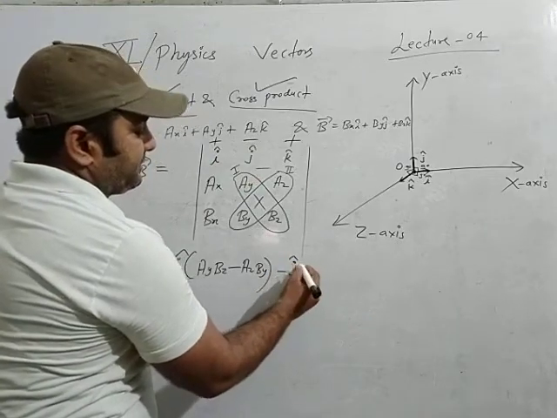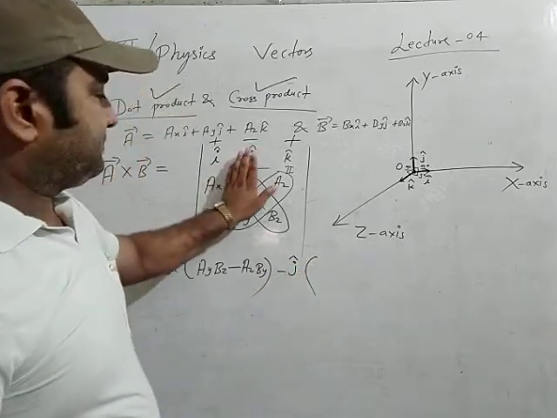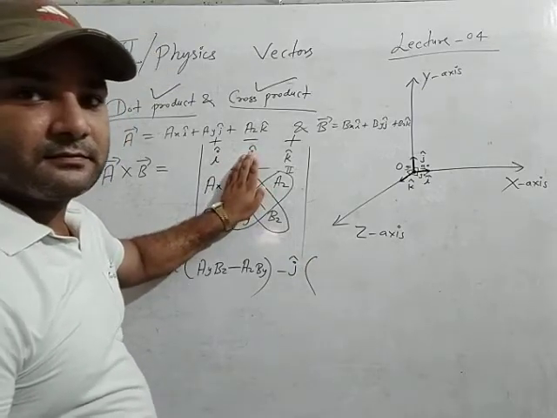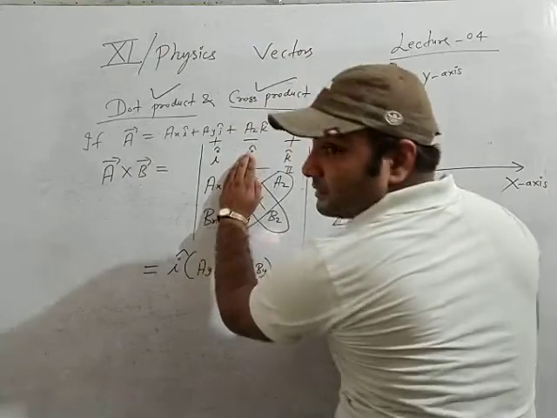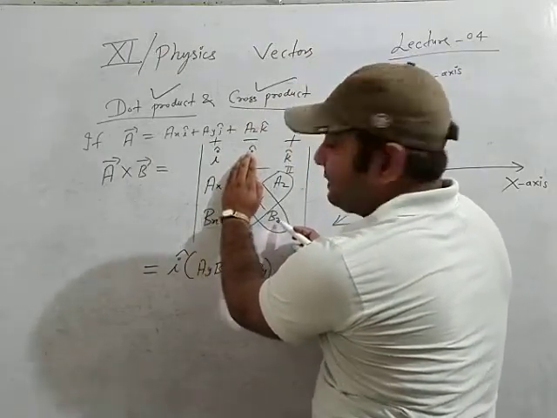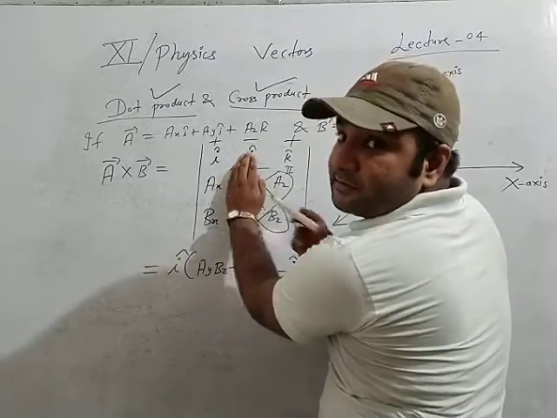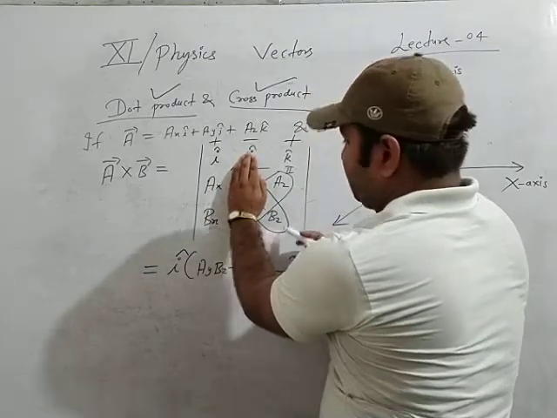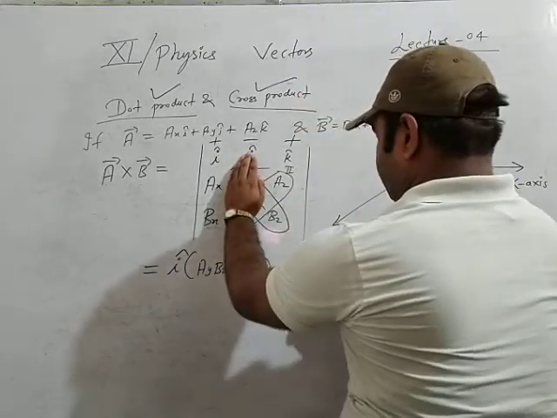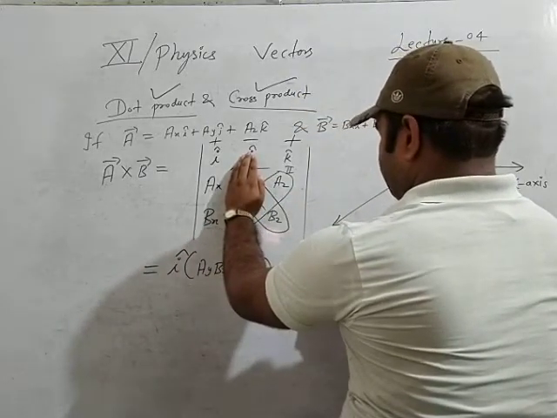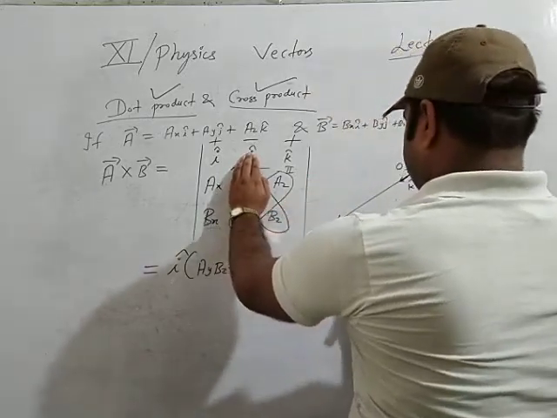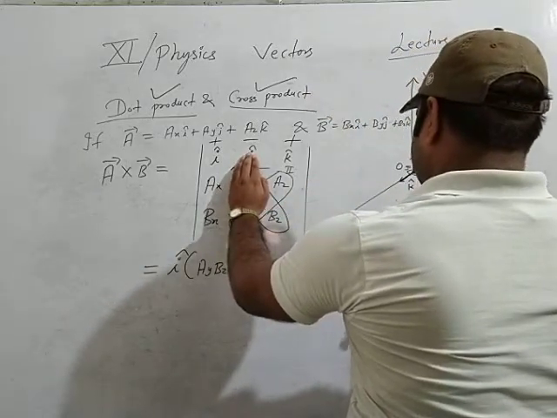First close this one, and then the remaining terms, Bz and Ax, multiplying in this way: Bz Ax minus Bx Az.